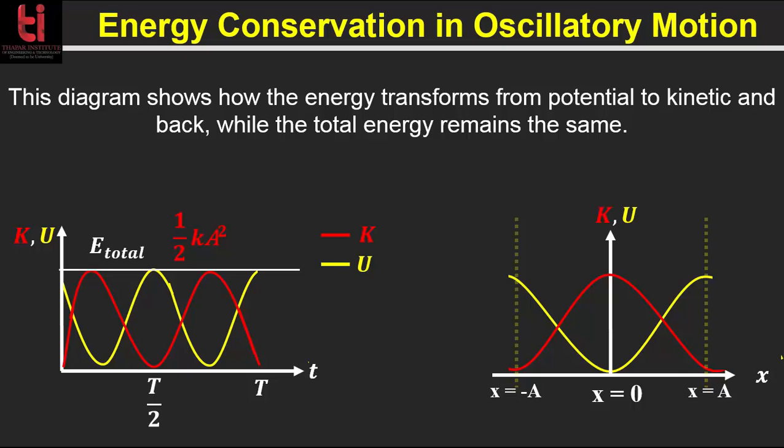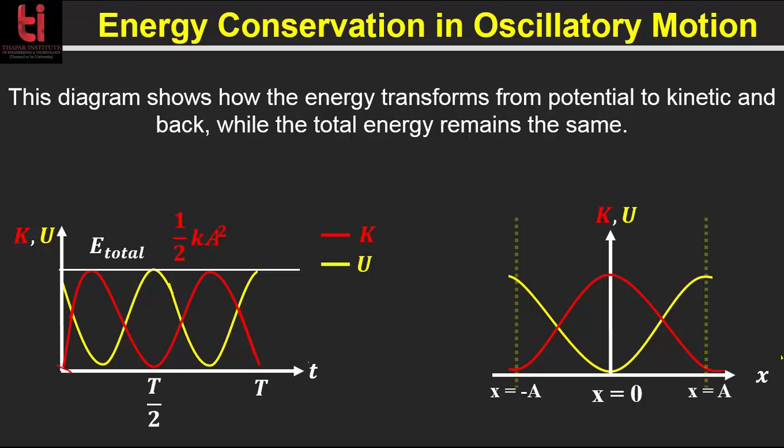Now this diagram shows how the energy transforms from potential to kinetic and back, while the total energy remains the same. Here the yellow graph represents the potential energy and the red graph represents the kinetic energy.